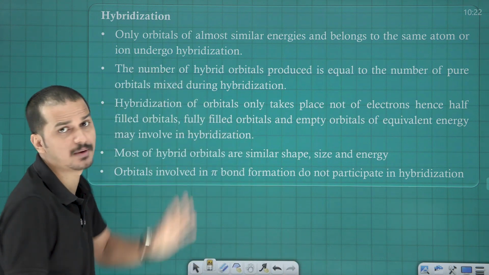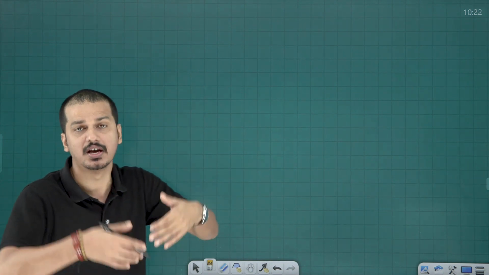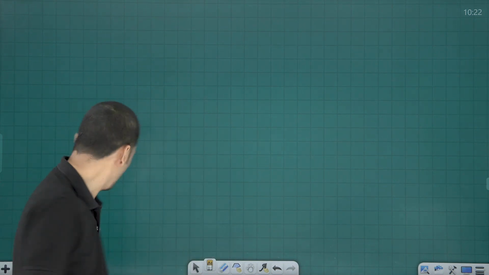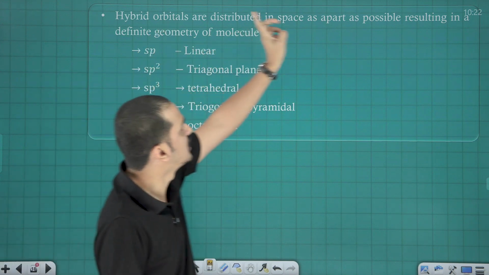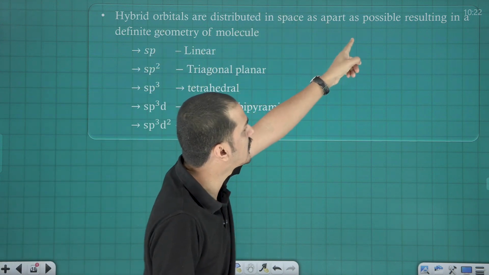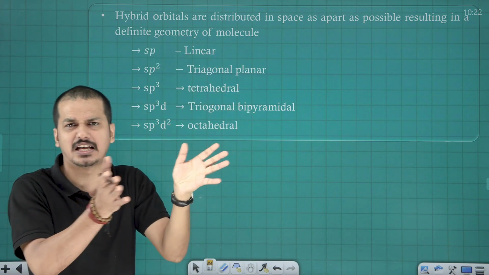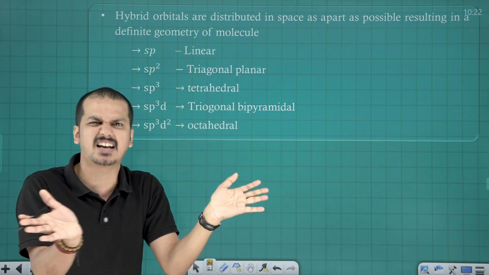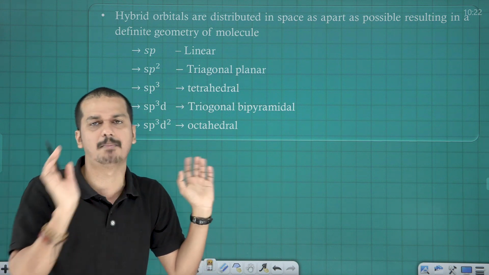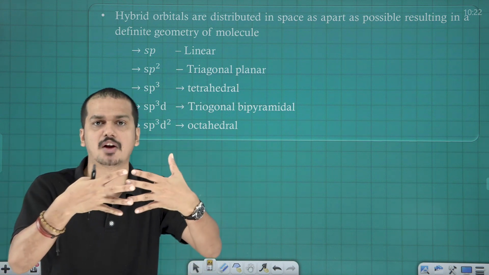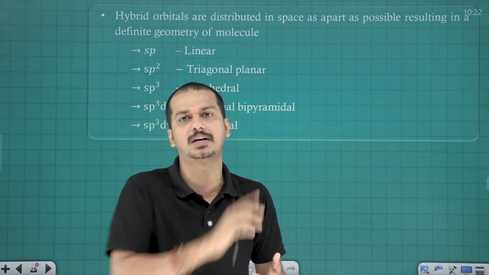So if we know the hybridization concept, we can find it out. They will give a molecule and ask about the hybridization. One more thing to remember: hybrid orbitals are distributed in space as far apart as possible, resulting in a definite geometry of the molecule. The hybrid orbitals they form will arrange maximally away from each other, and there only the other atoms' atomic orbitals will come and overlap, because hybrid orbital overlapping is more powerful than hybrid-atomic orbital overlapping, which is more powerful than atomic-atomic overlapping.